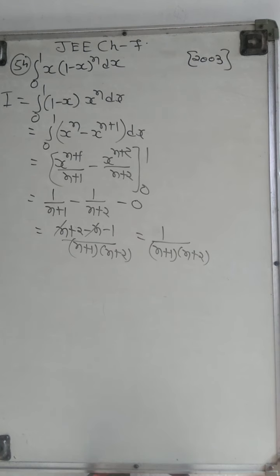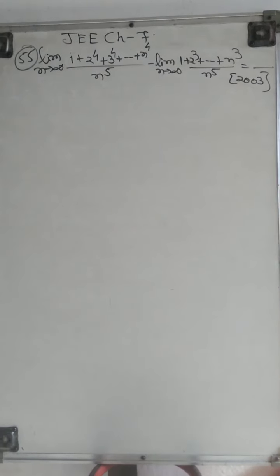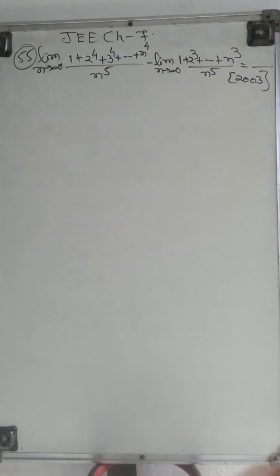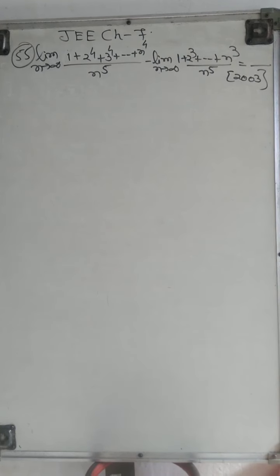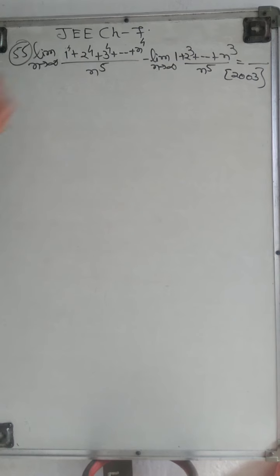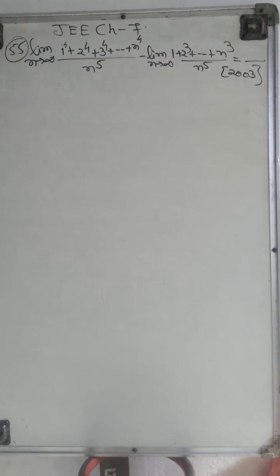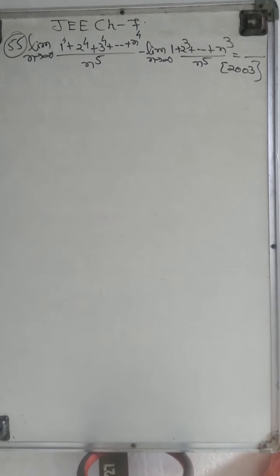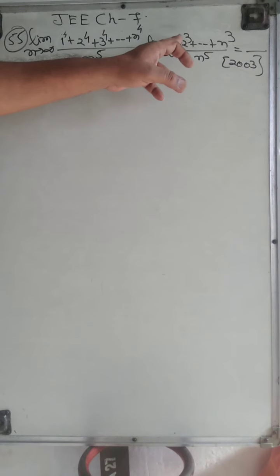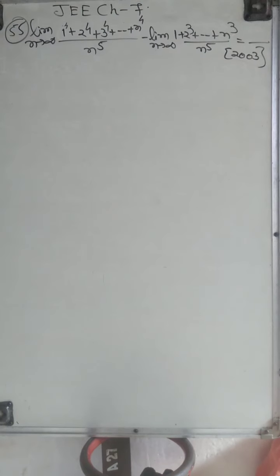Next sum, question 55. Limit n tends to infinity of 1 raised to 4 plus 2 raised to 4 plus up to n raised to 4 upon n raised to 5, minus limit n tends to infinity of 1 cube plus 2 cube plus up to n cube upon n raised to 5, equal to dash. This is a 2003 question.